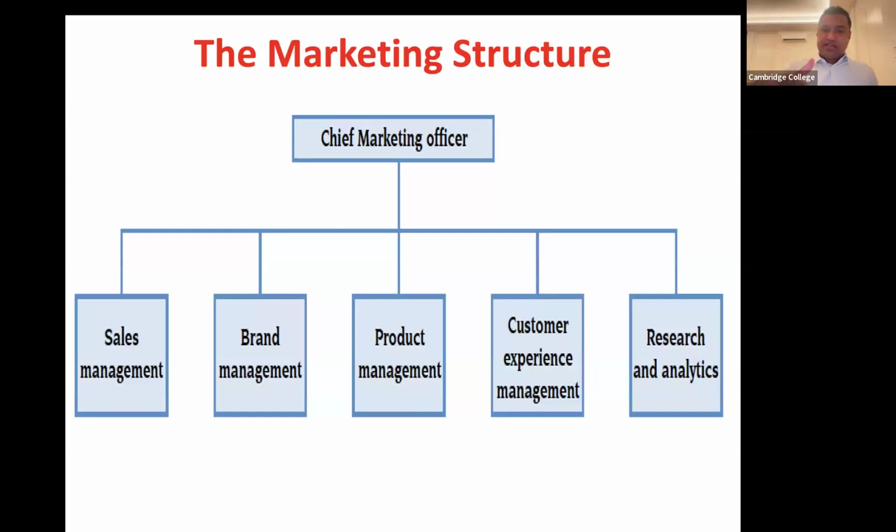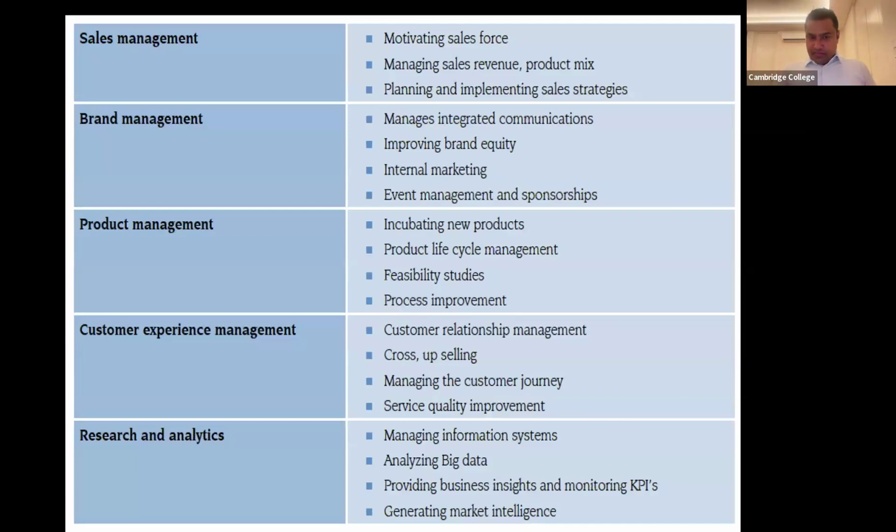If you are an operations-led organization, that might end up in operations. And then you have increasingly the data analytics, the research and analytics arm that comes within the CMO, right? And here's what they do typically.